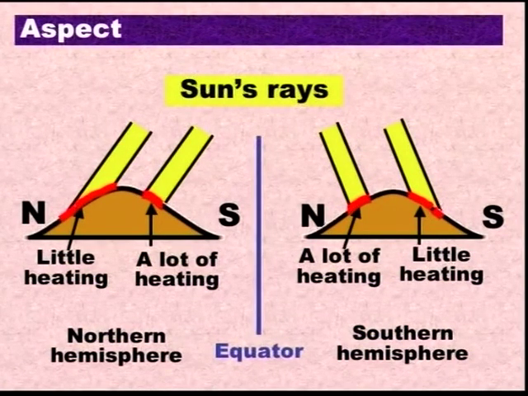In the northern hemisphere, the south-facing slope will tend to receive more sun's energy compared to the north-facing slope. Sorry, I'll repeat that. In the northern hemisphere, the south-facing slope will receive more sun's energy compared to the north-facing slope. Therefore, it will be hotter on the southern slope compared to the northern slope.